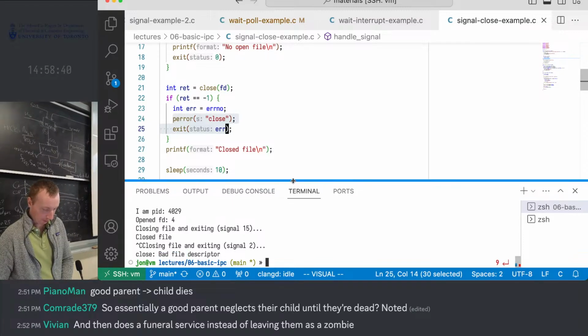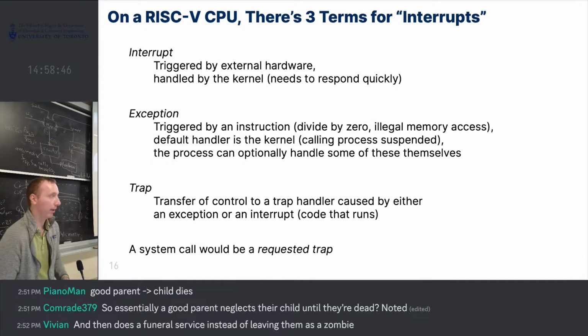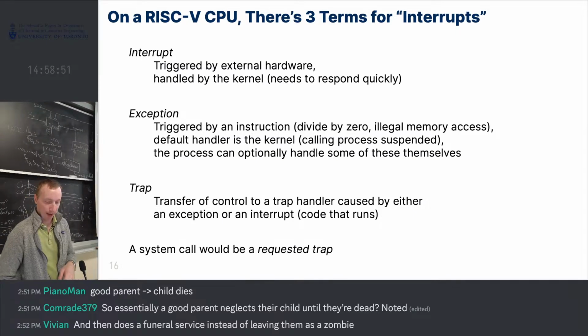All right, before we close, real quick, your hardware interrupts are a bit different. On RISC-V, there are three terms for an interrupt, and it depends on how it got generated. There's an interrupt, which is triggered by real external hardware, like a keyboard. The kernel handles that. You don't see it in user mode.